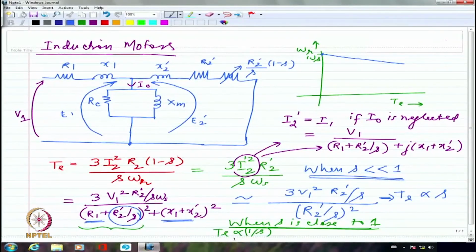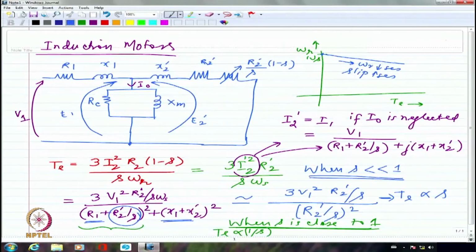Reduction in the speed means increase in the slip, because omega s minus omega r is what contributes to slip. So here omega r decreases, or I should say slip increases. That's what happens when the speed comes down and the torque increases correspondingly.